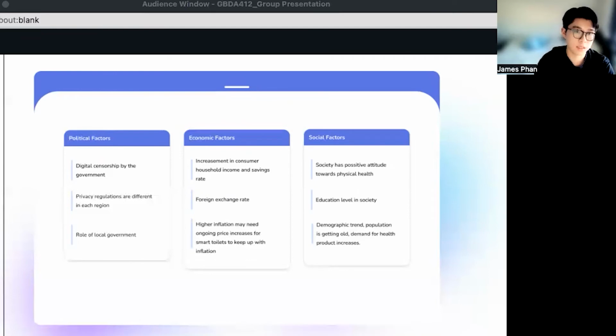We should also consider the demographic trends before new product development and integrating features that cater to our target consumers, which is senior consumers. As the population ages, it will require less tech-intensive products.